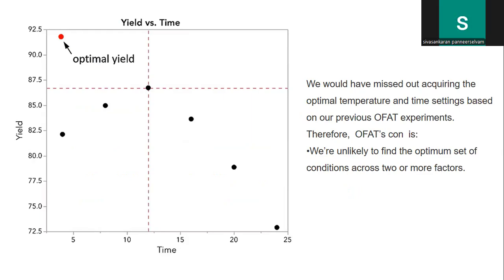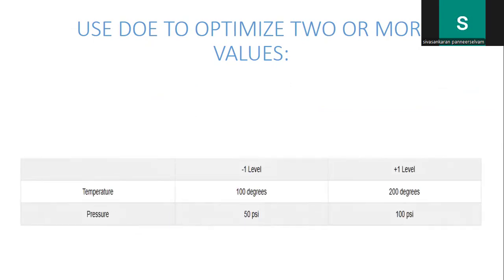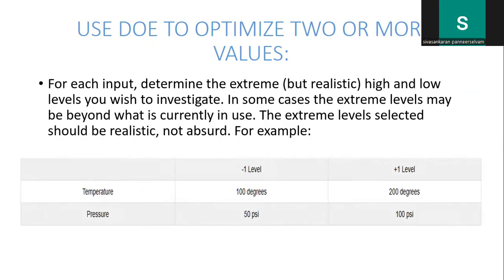So it is very fuzzy, more confusing. Unluckily, we could not find out the optimum set of conditions when we are going for two or more factors using one factor at a time or trial and error. So it is advisable to use design of experiments to optimize two or more values.